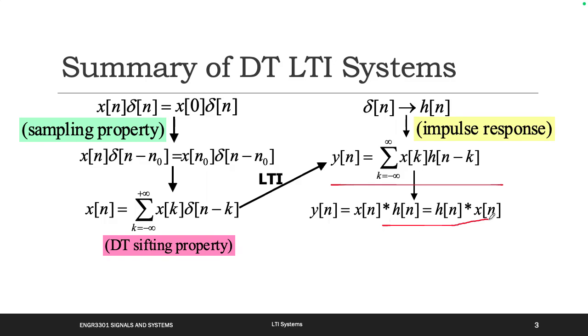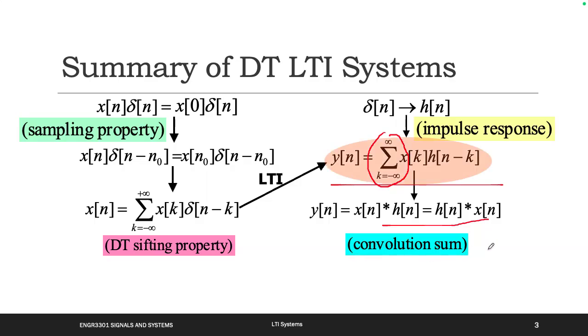Yes, commutative property. And then we call this the convolution sum, because you can see there is a summation symbol. That's the reason why we call it the convolution sum. This is how we can get the output based on the input.